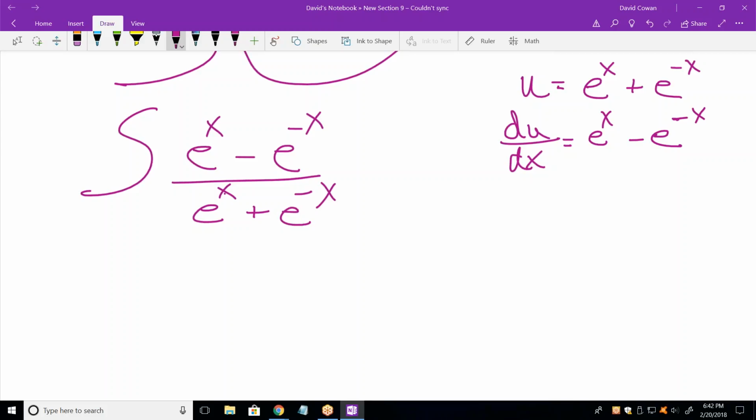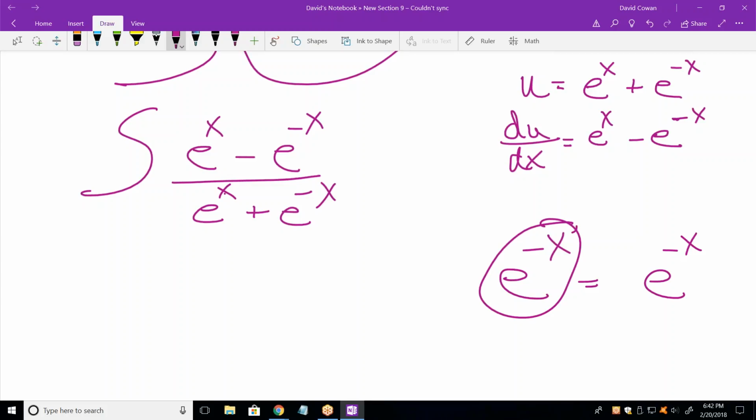How is that? Well, if I want to differentiate this, I'm going to use the chain rule. So the derivative of that is e to the minus x times the derivative of the inside, which is minus 1.